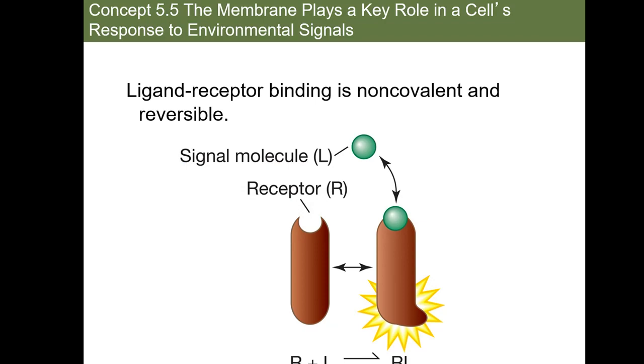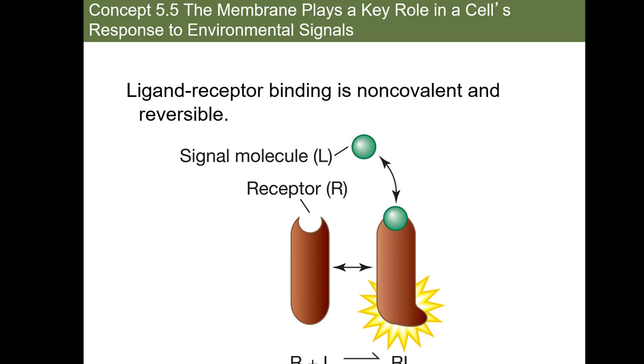Ligand receptor binding is non-covalent and reversible. So it either binds with hydrogen bonding, ionic bonding, or other interactions. It does not bind covalently. It can be reversed and go and function again as the protein.